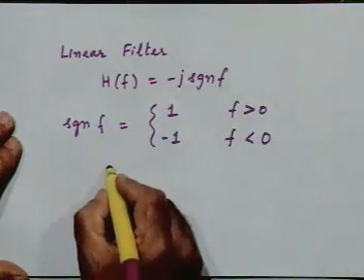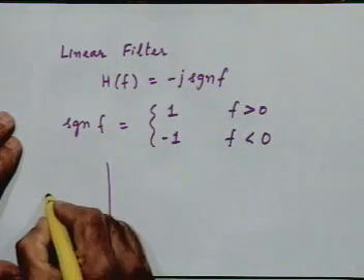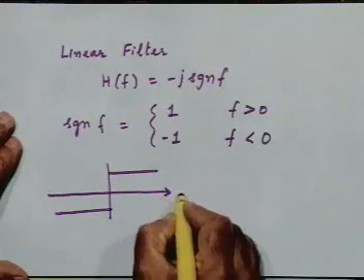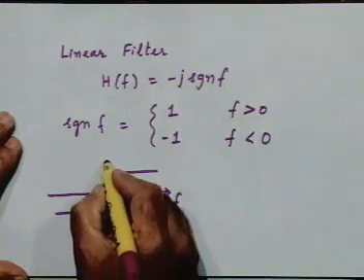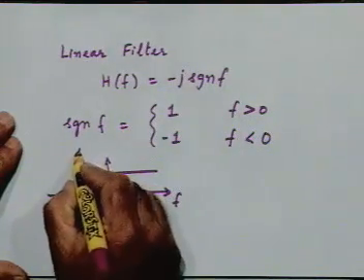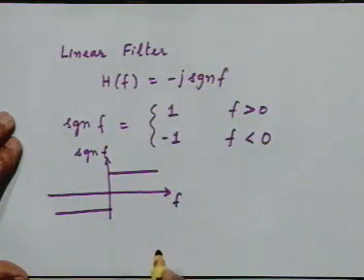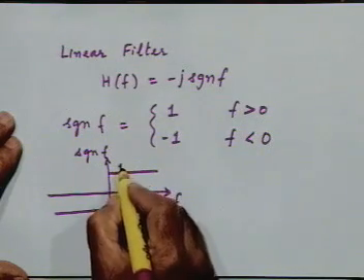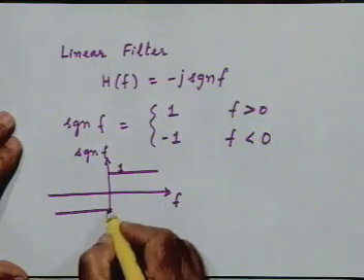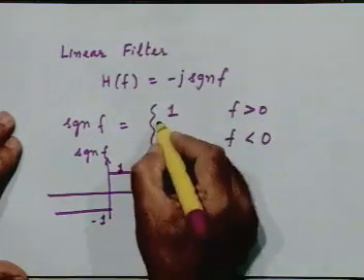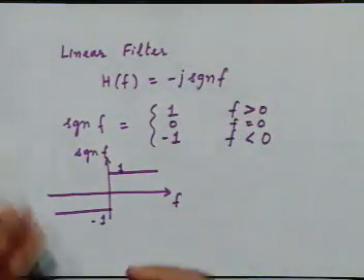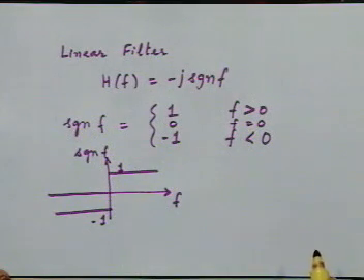So what does it look like? If this is the frequency axis, the f axis, this is the plot of the signum function of f. It's plus 1 here. We'll define the value at 0 to be 0 itself, the mean value between the two extreme values.